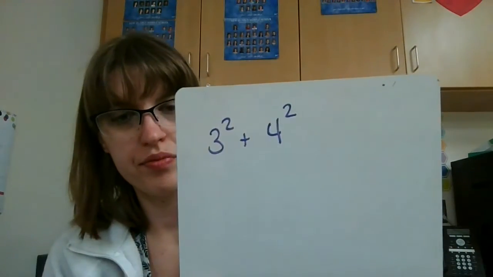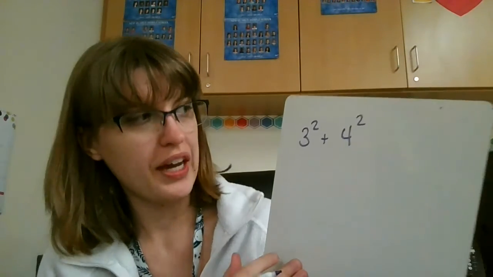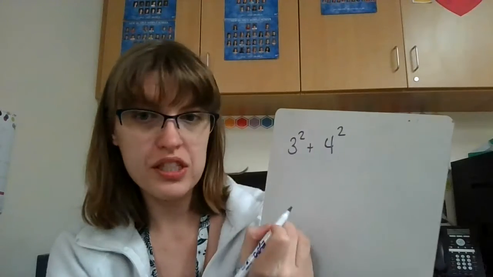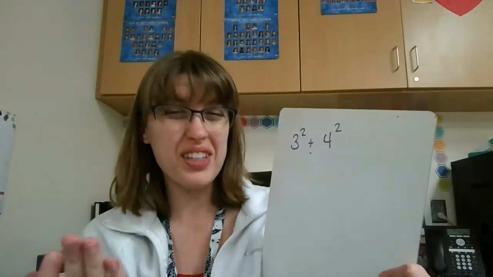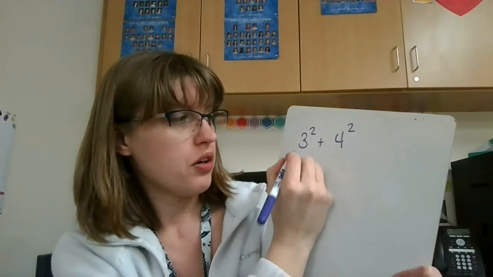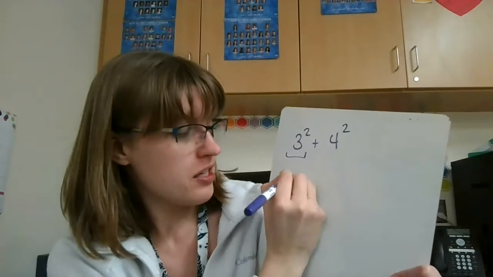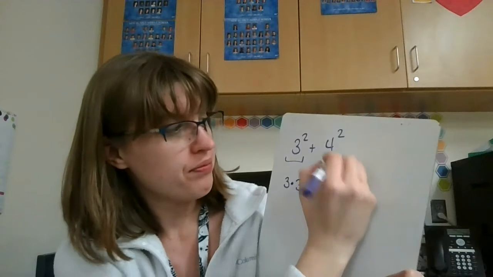All right. One more. Okay. Notice I've changed it a little and I didn't put a multiplication, I put an addition. Really, nothing changes. We still can rewrite that into being 3 times 3.